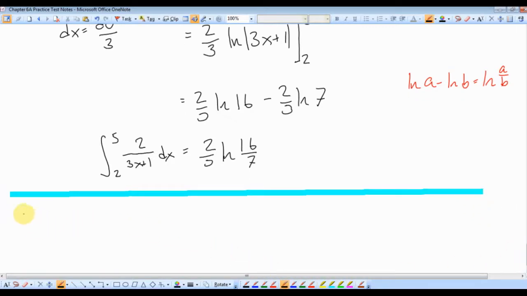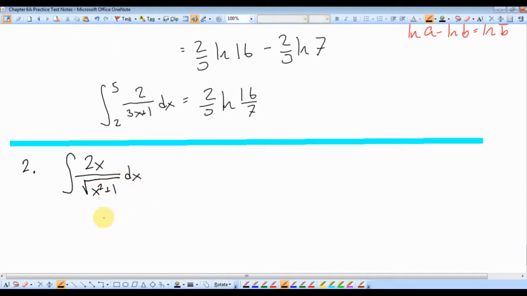Question 2. We're integrating 2x over root x squared plus 1. This is very nice. U is going to be equal to x squared plus 1 because that's the inside of the square root.